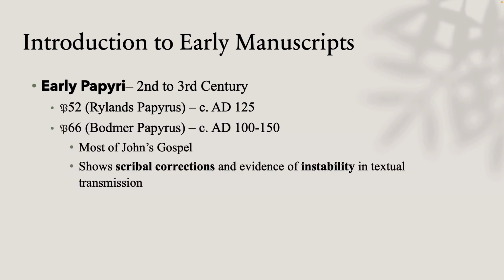The next one is P66, which is AD 100 to 150, around there. It contains most of John's Gospel. This manuscript is significant because it shows multiple layers of corrections, often by later scribes.